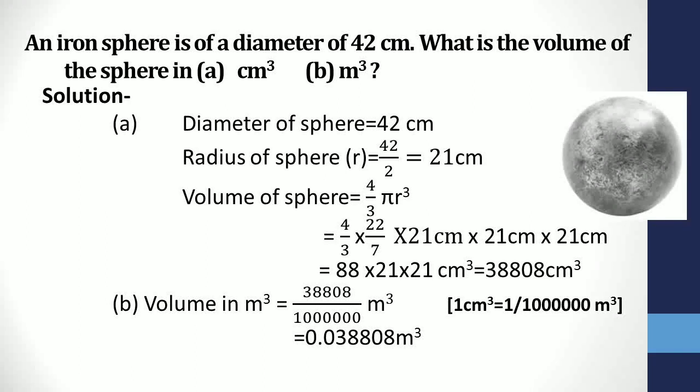Clear? So in that way we'll get the volume in meter cube as 0.038808 meter cube. Clear? This calculation is very important, and you have to do this calculation very carefully so that you can bring the answer properly.